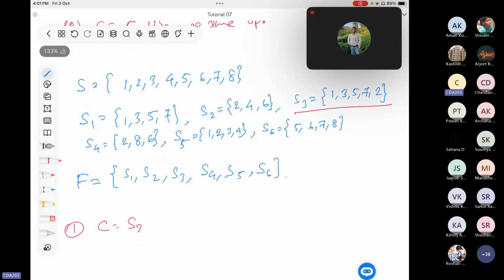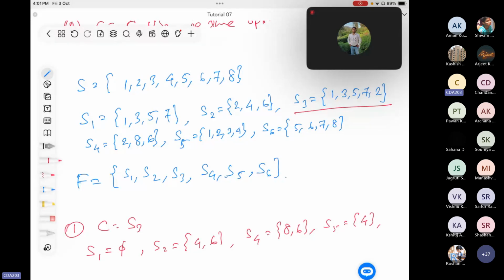Next, I will check all these sets. So S1 would be empty. S2 would be just 4, 6. S4 is 8, 6. S5 just 4.